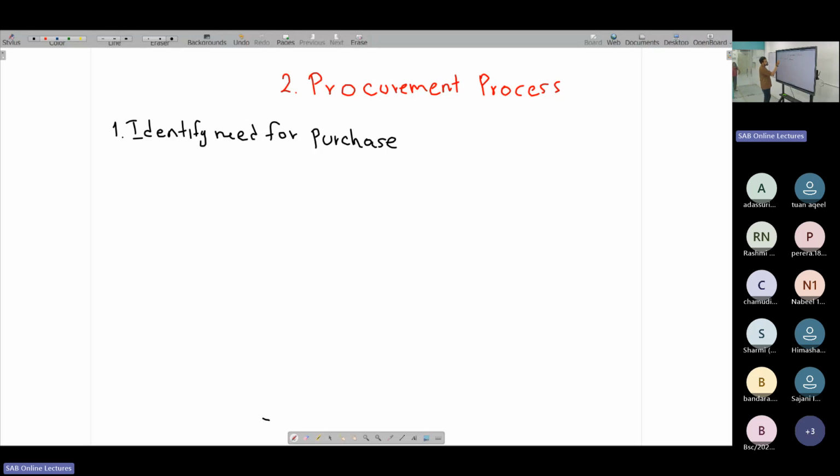Second step, now we have to make an inquiry. Now the rest of the sales process activities will be applicable in the same way, on the opposite side of the sales process.